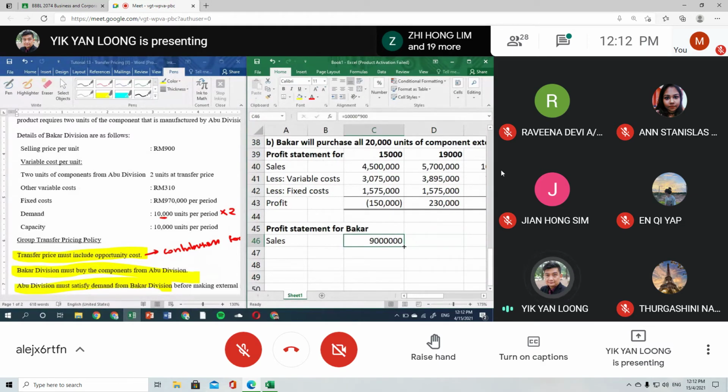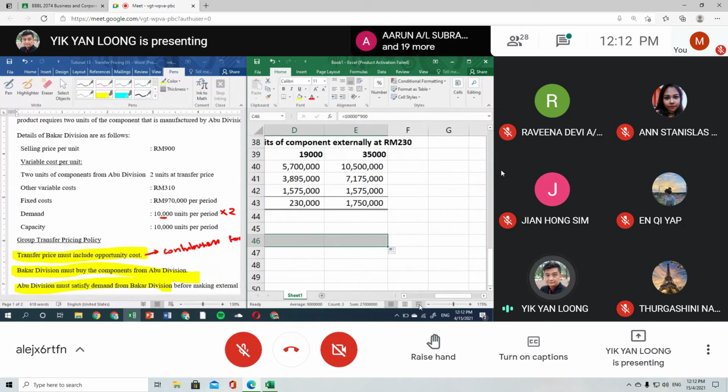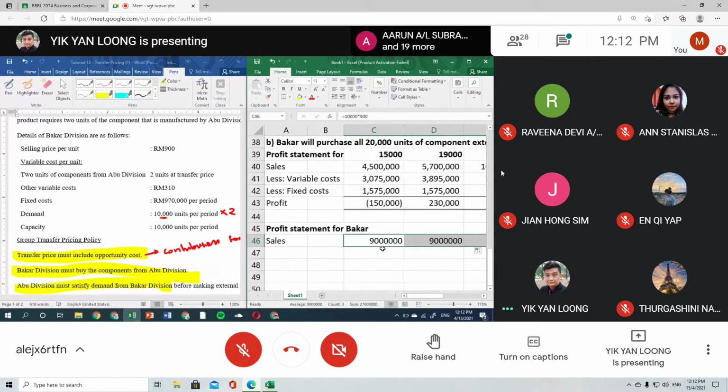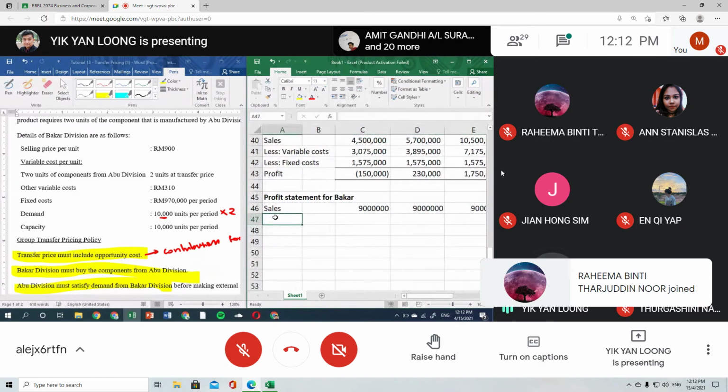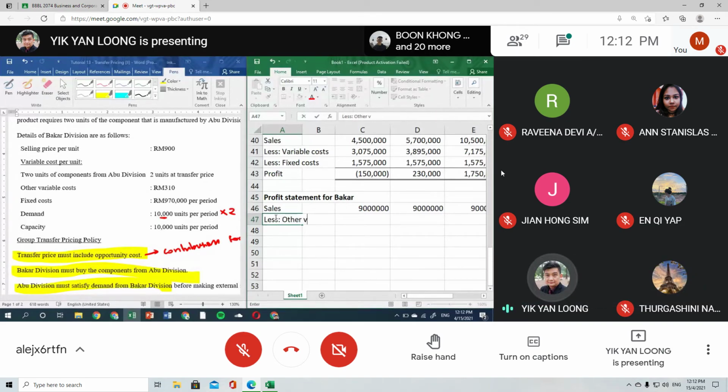So this one will be the same for 3 years. Then you need to less other variable costs. Now your other variable costs will be very similar, so it will be 10,000 times 310.